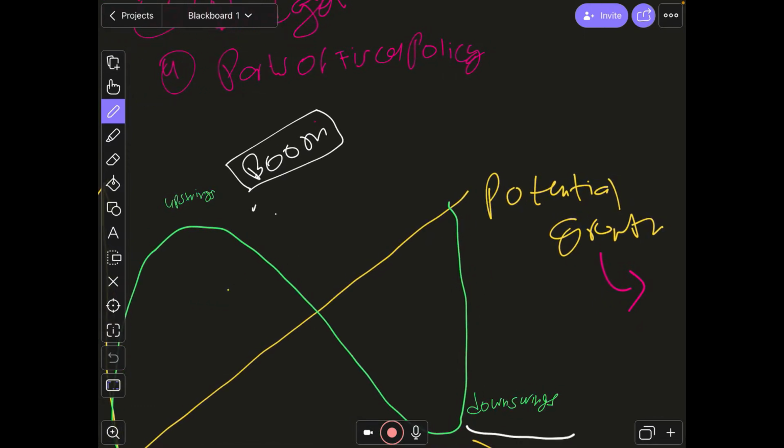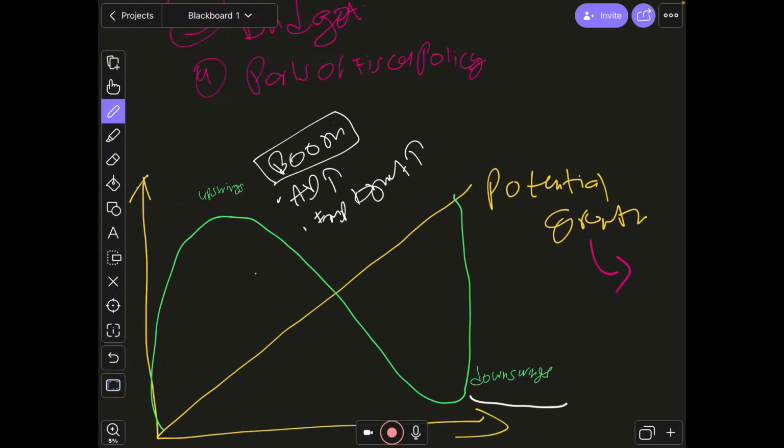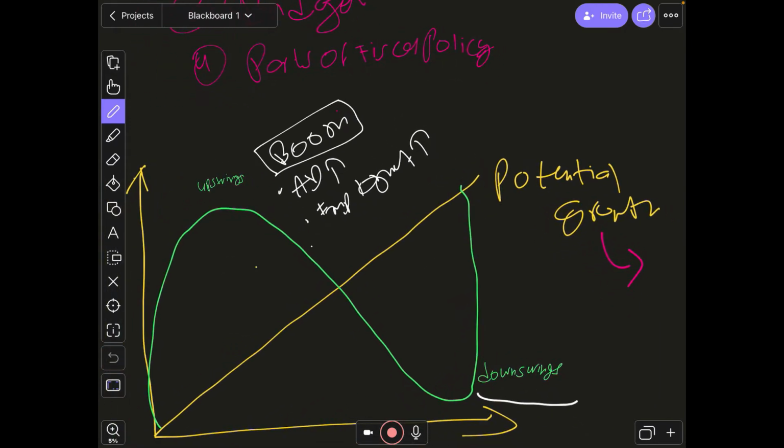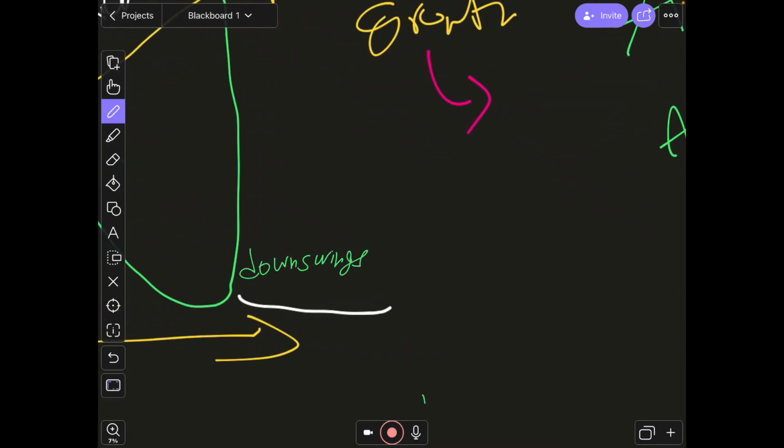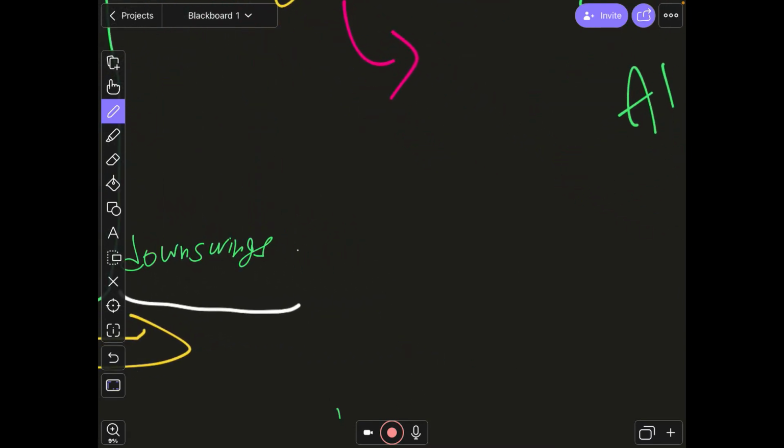During this period, aggregate demand is high, employment is high, unemployment is low, consumption is high, and so inflation might also be high due to demand pull inflation. On the other hand, this downside part is known as a recession, which is a very famous word.